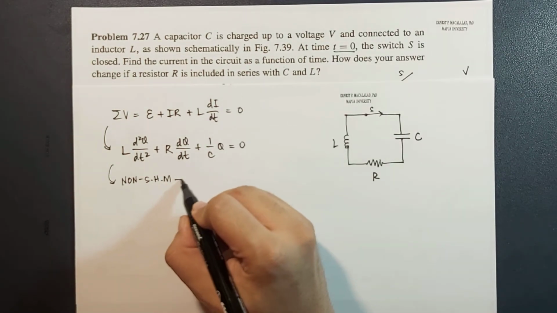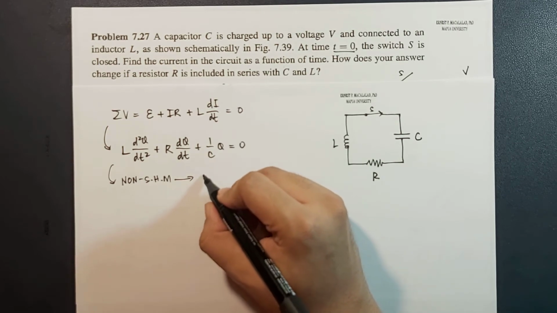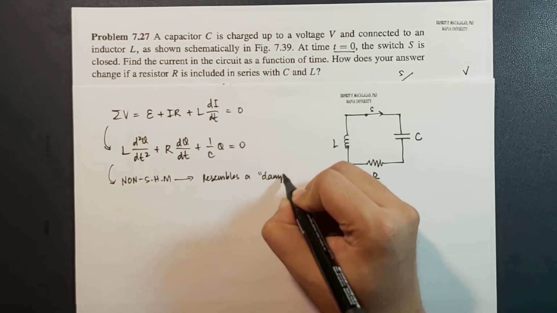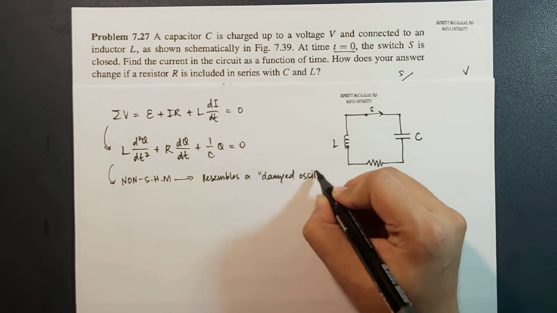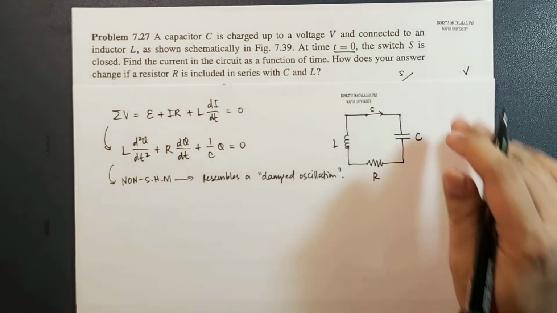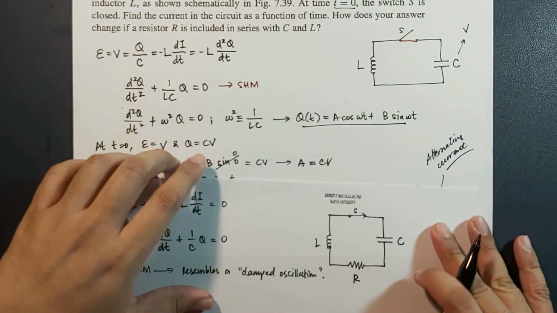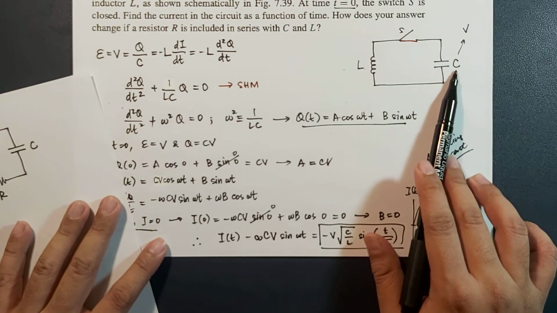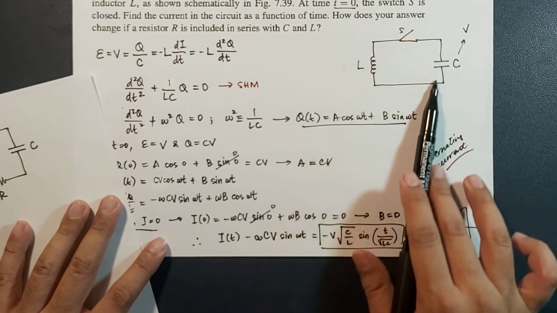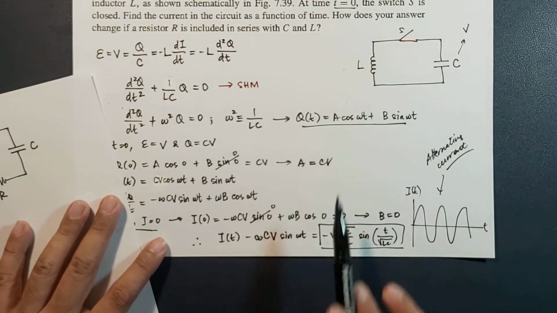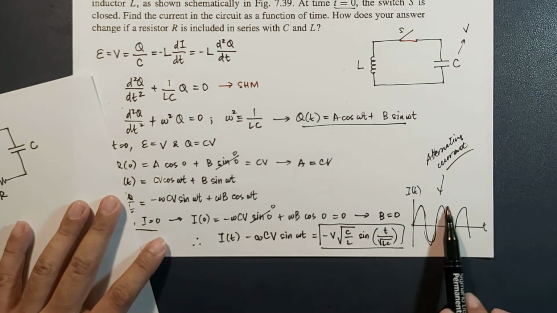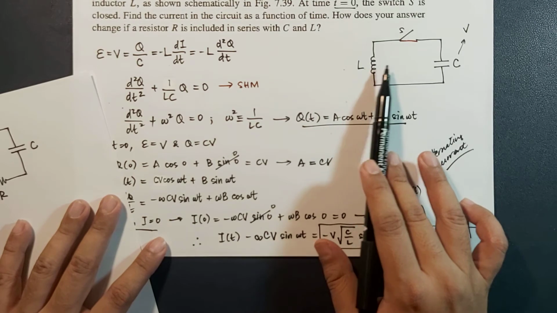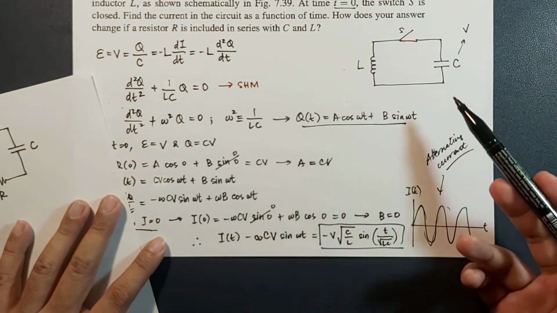In fact, this resembles a damped oscillation. Physically, if you only have the capacitor and inductor, the current will just flow back and forth by this behavior, and it will continue forever, because neither L nor C will use up the energy.